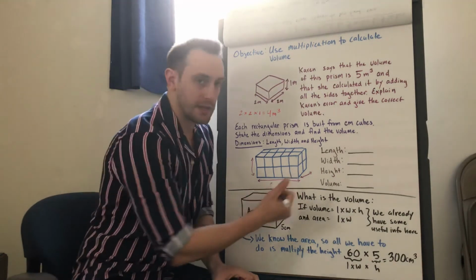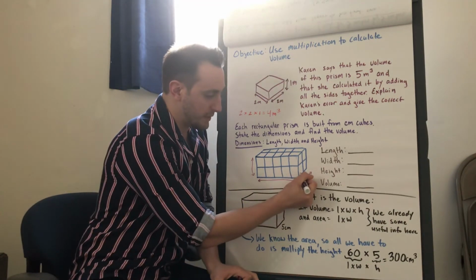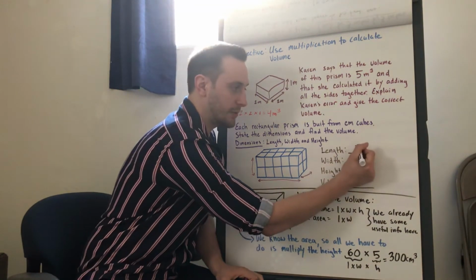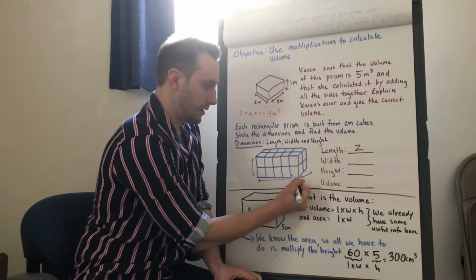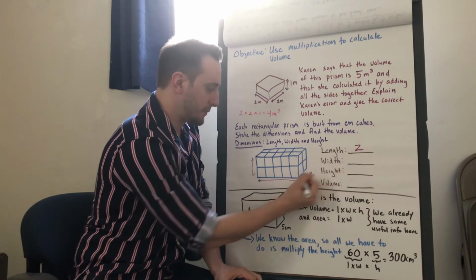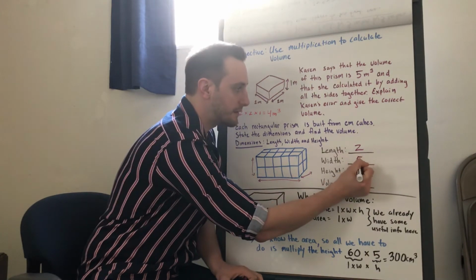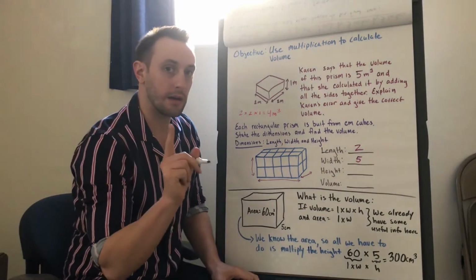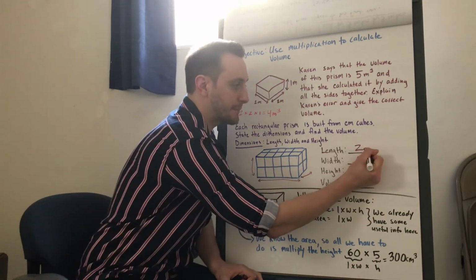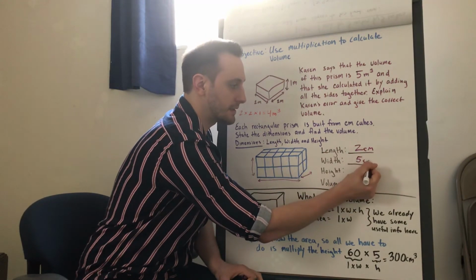So anyway, the length of this is going to be 1, 2. So we're going to put 2 here. The width is going to be 1, 2, 3, 4, 5. And of course, we want to make sure that we're labeling properly. This says centimeters, so we're going to say centimeters.